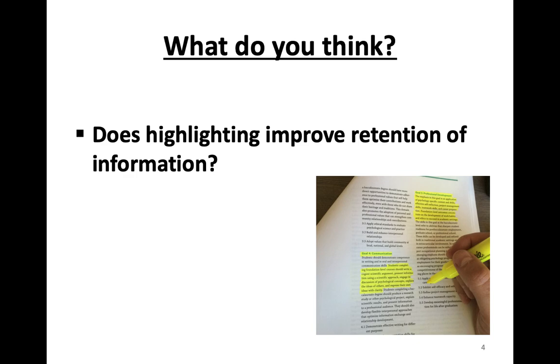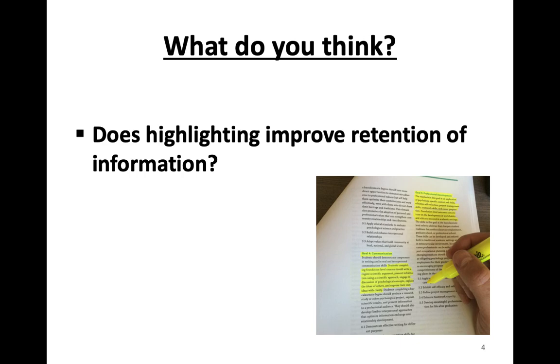So let's just say we've got this applied research question. This is psychology applied to the educational domain. And we want to know whether highlighting improves retention of information. Possibly in your high school classes, you used a highlighter, in your college classes.